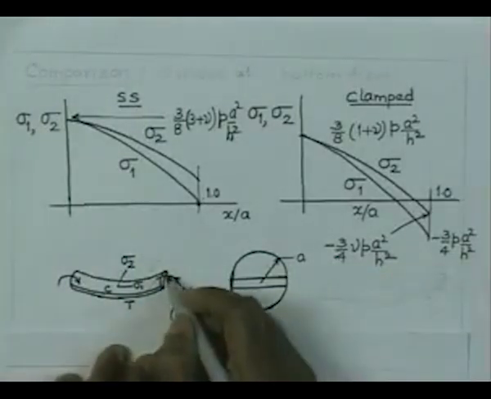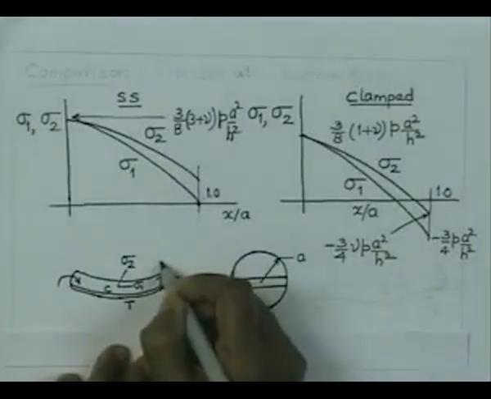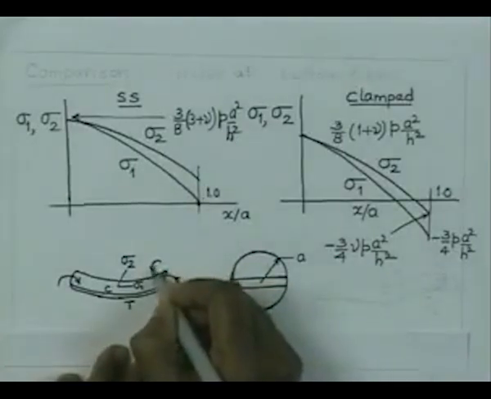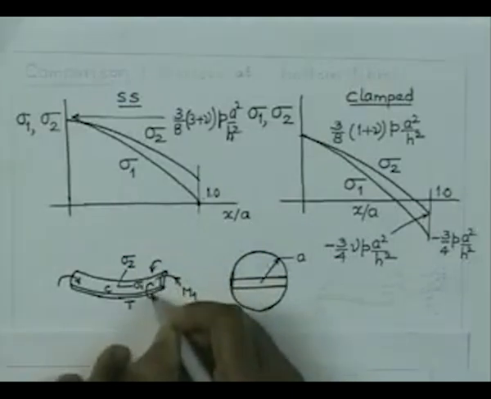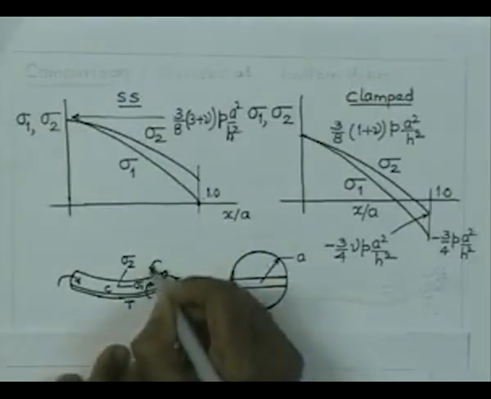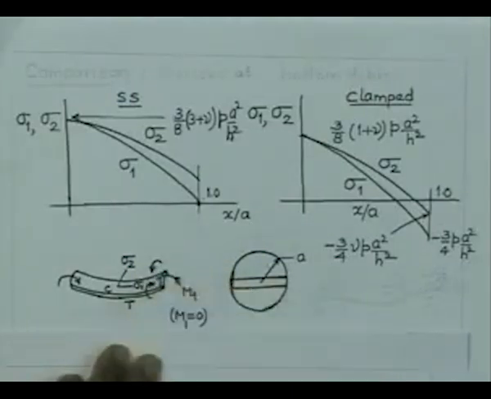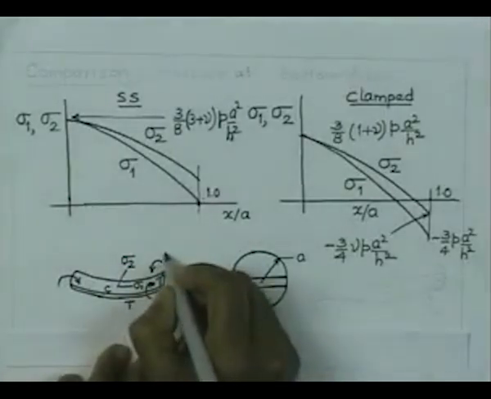So, the support is now going to apply some moment acting like this, which will try to undo that curvature. This is the moment which is going to come up at the outer edge of the plate, and this is the direction of M2.